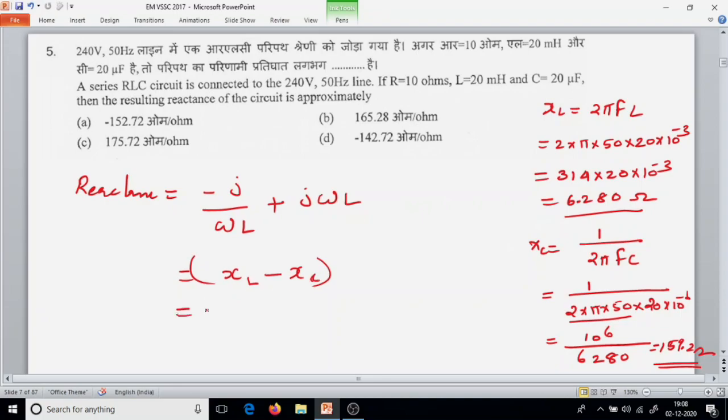So what is XL? 6.28 minus what is the value of XC? 159.2. 6.28. It comes to 152.9. So this is the answer. Option A is the answer.